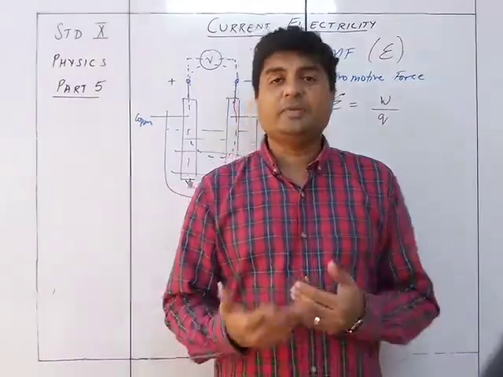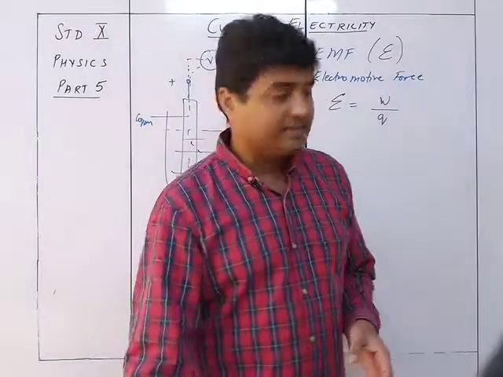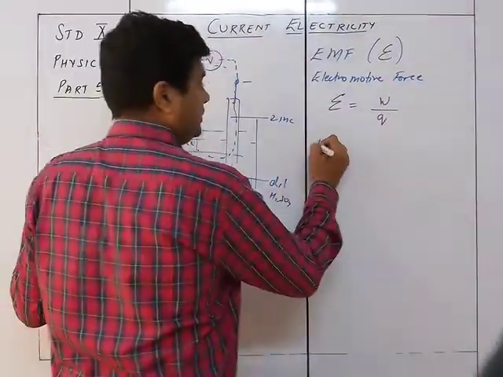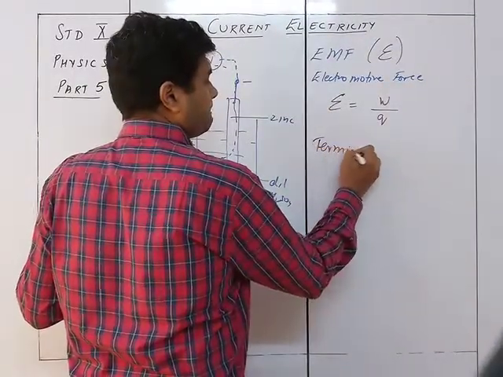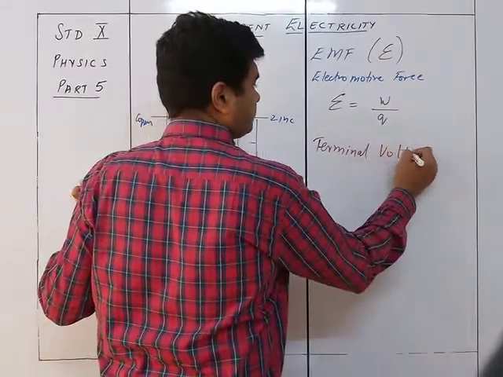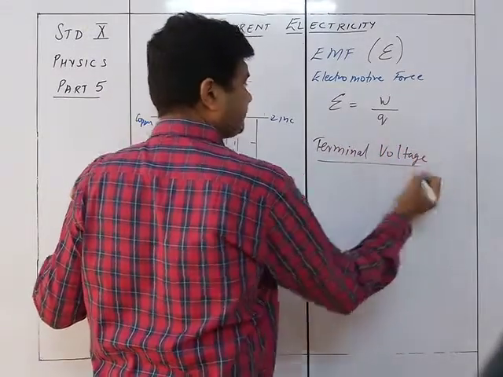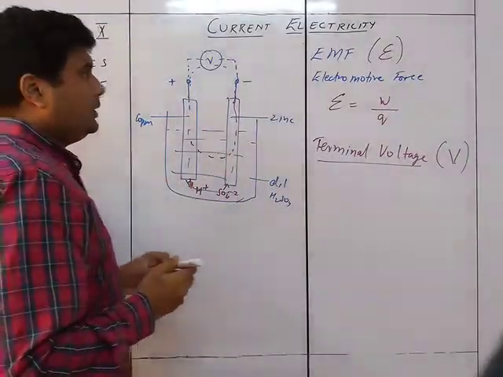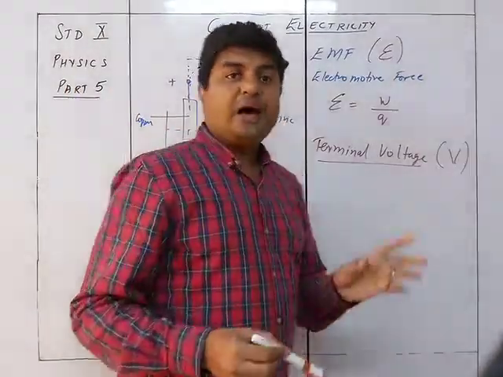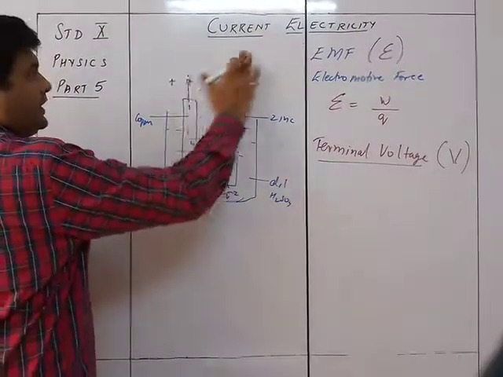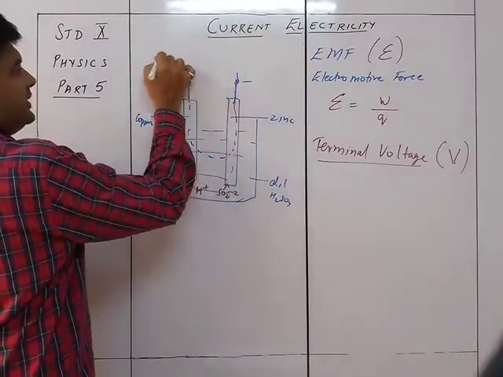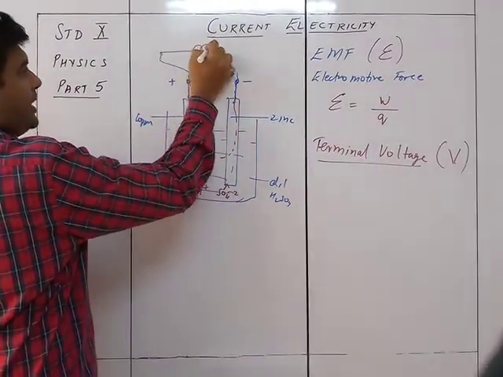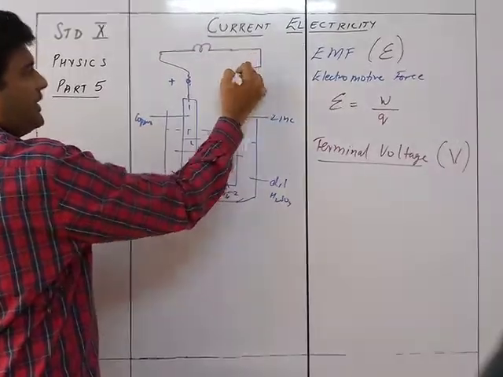Now we see the terminal voltage. So the next thing what we are having is terminal voltage. That is given as capital V. Now if I take a particular kind of a circuit connected to this, यानी एक बल्ब लिया, जो भी किया और फिर इसको कनेक्ट किया.